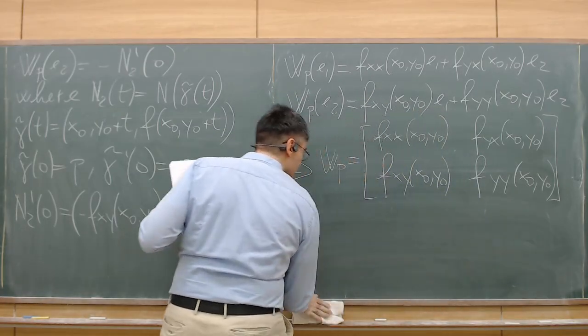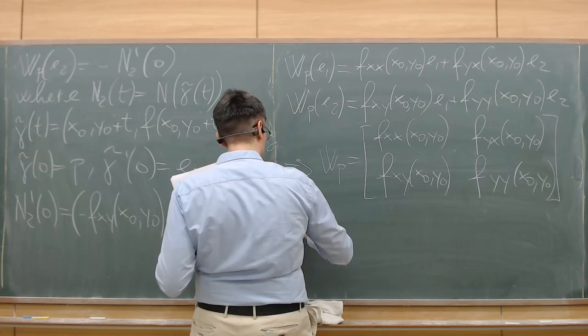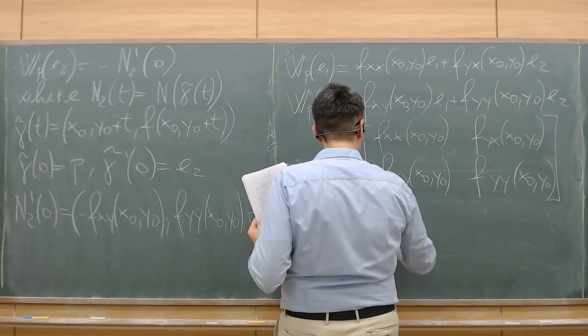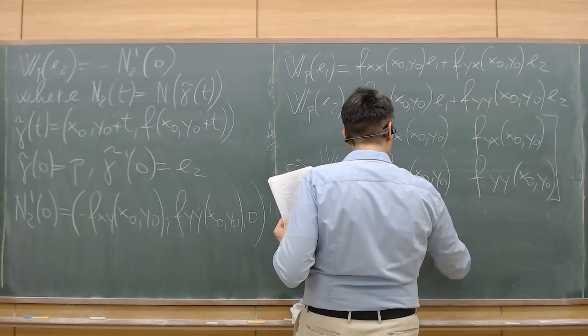Here I am using, of course, the basis E1, E2 for Tp gamma.